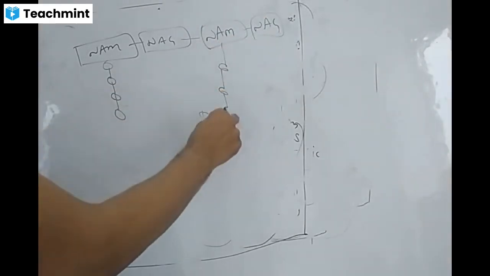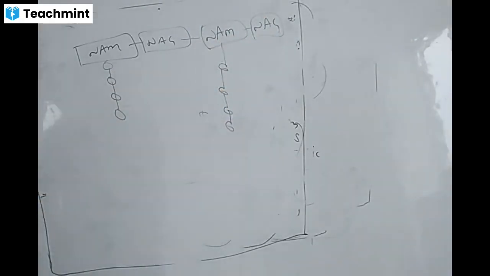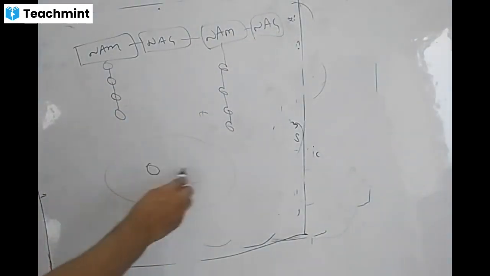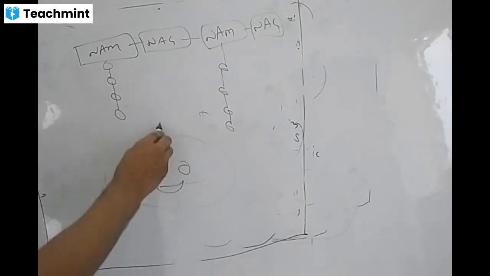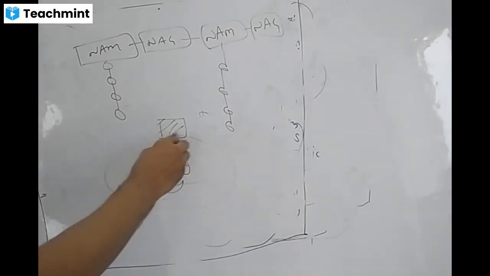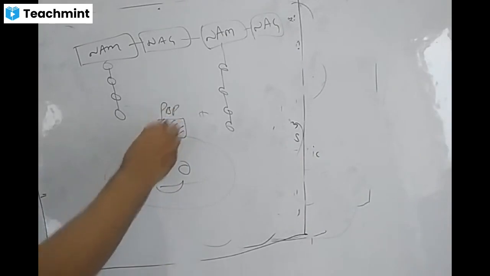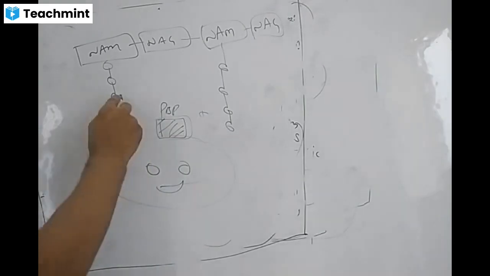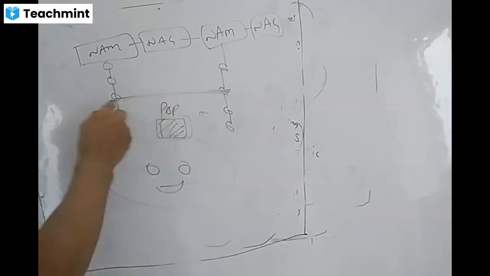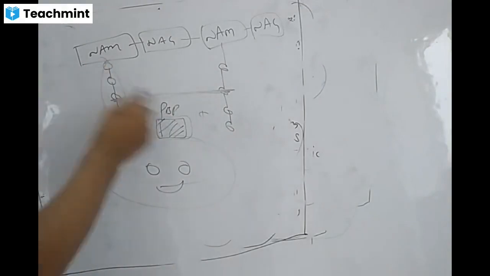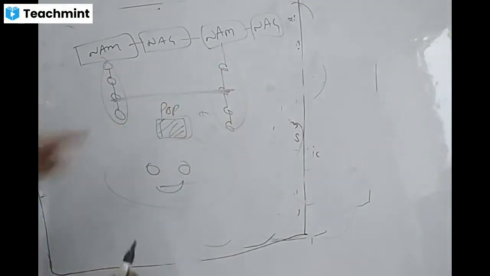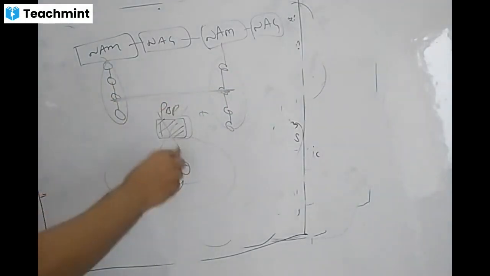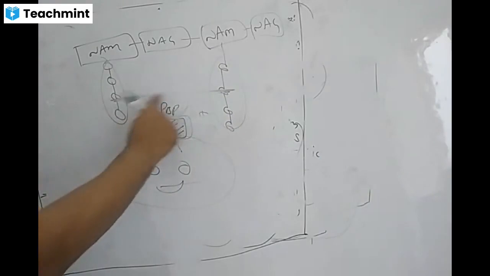This is the penicillin binding protein, or transpeptidase, and it cross-links these peptide chains. This is one peptide, another peptide. It does cross-linking. If we block this enzyme, there will not be any cross-linking.